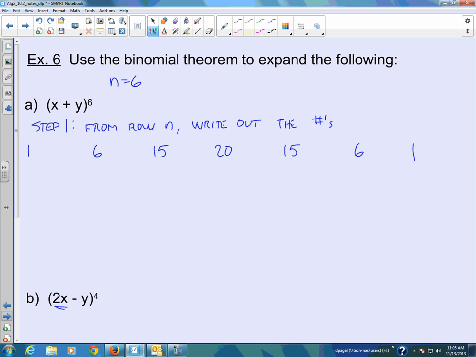That's what we do. Step number 2, and you could split this into 2 steps, I'm going to just blend it all into one, is start the first term, in this case the x term, with a power of n, in this case a power of 6, and decrease.